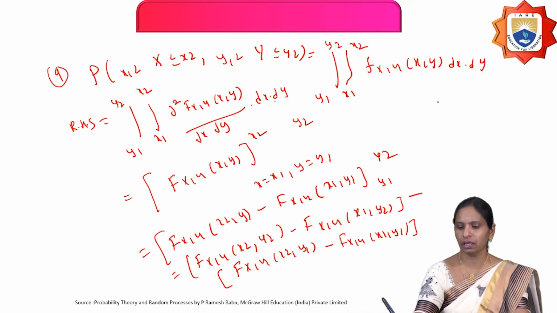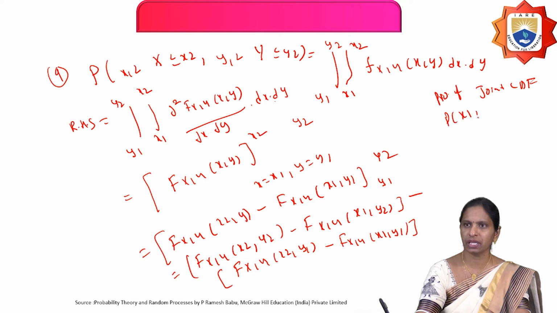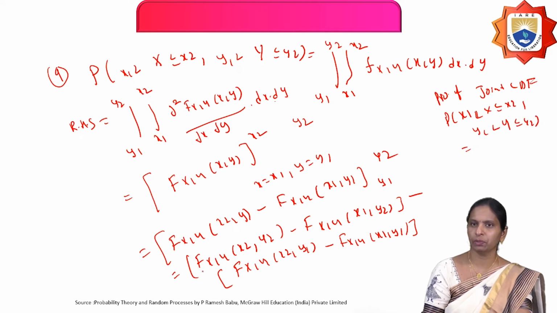Now, we have seen the properties of the joint distribution function. There we have seen the probability of the random variable x taking values from x1 to x2 and y from y1 to y2 is equal to what? Nothing but FXY of x2 comma y2 minus FXY of x1 comma y2 minus FXY of x2 comma y1 plus FXY of x1 comma y1.